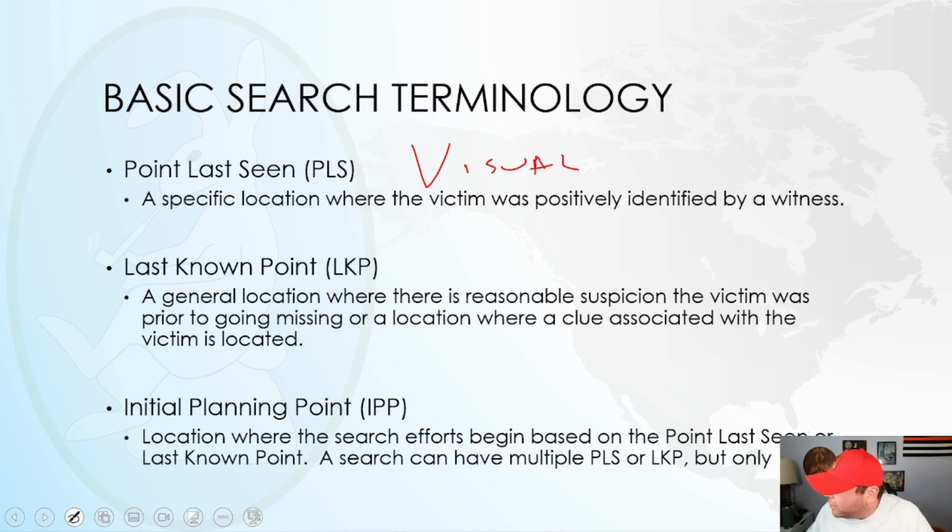So the key here is reasonable suspicion, okay? We have enough evidence to say that they were here at some point in time. We believe that this is the last evidence we have of them being at a specific location, the most current information that we have.